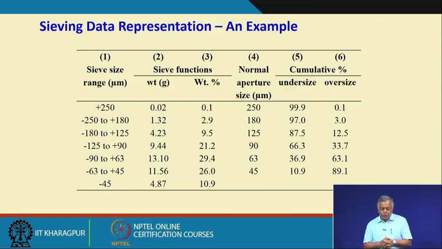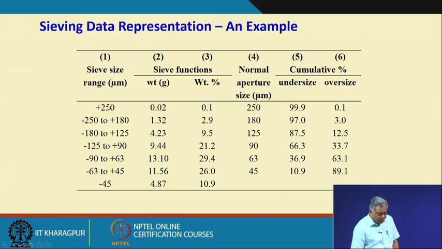That is the passing sizes, individual passing sizes, but in a cumulative manner: if I have only a single 250 micron sieve, how much of that material will be retained and how much will pass? So, 0.1% of the material will be retained and 99.9% of the material will pass through that sieve.